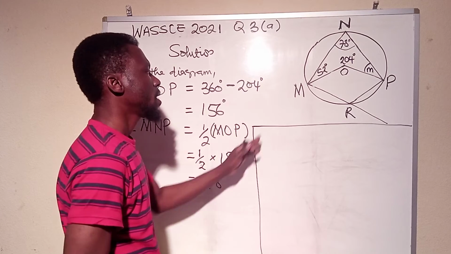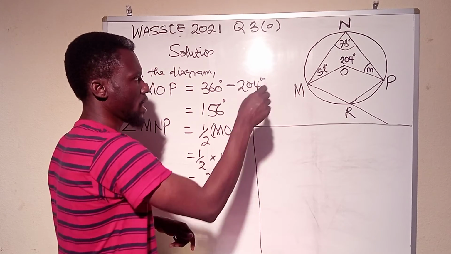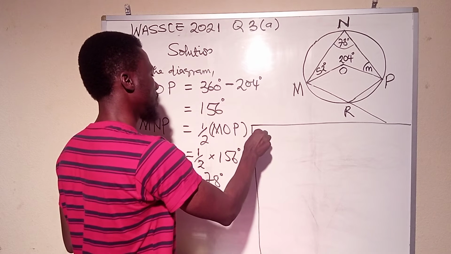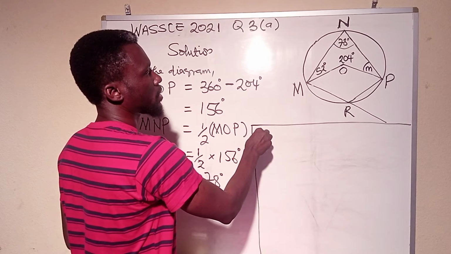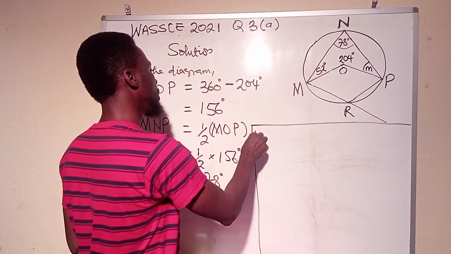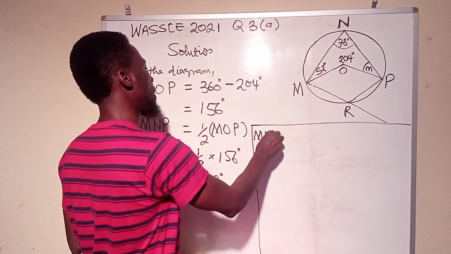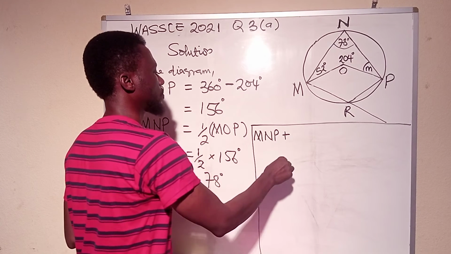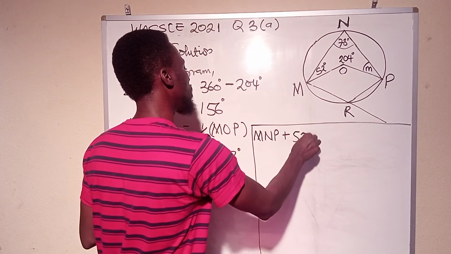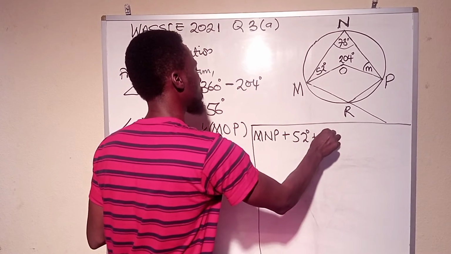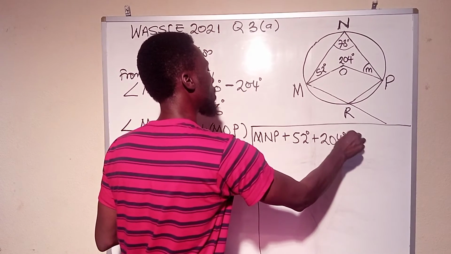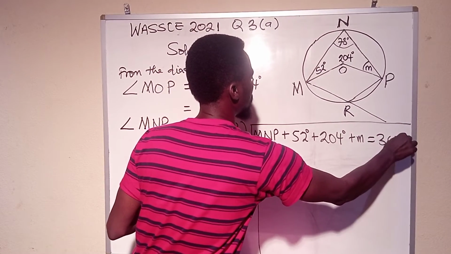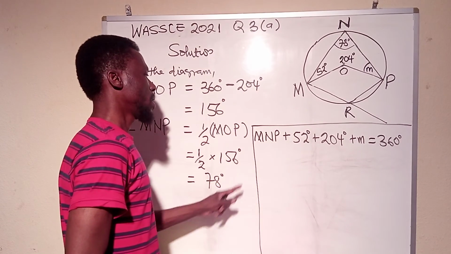So let's come here and find the value of M. What we are going to say is that MNP plus 52 degrees plus 204 degrees plus M will give us 360 degrees. All right. Now let's substitute.